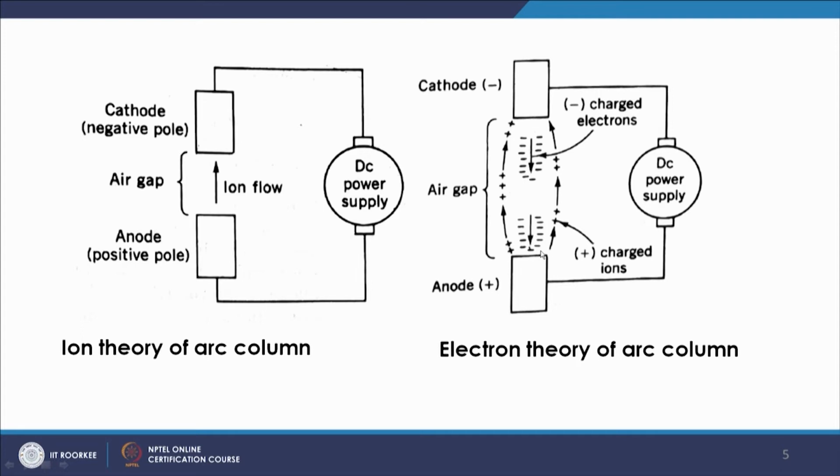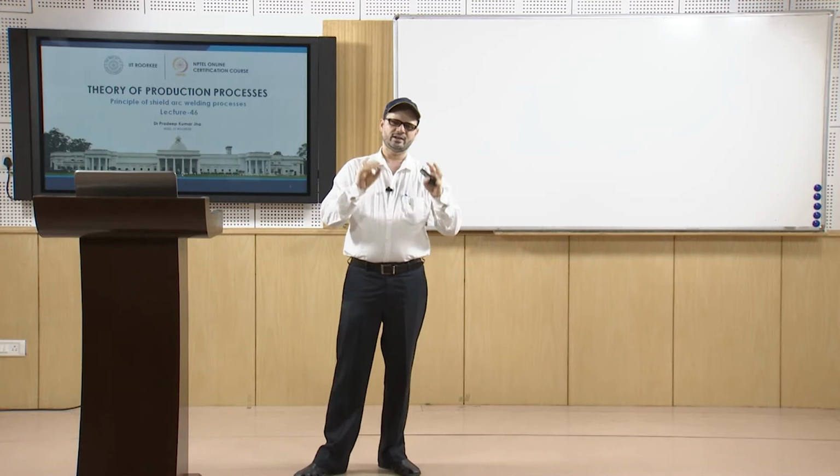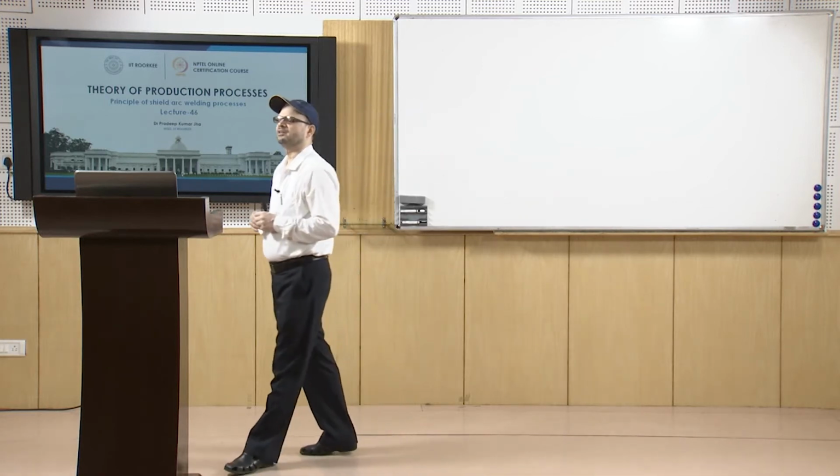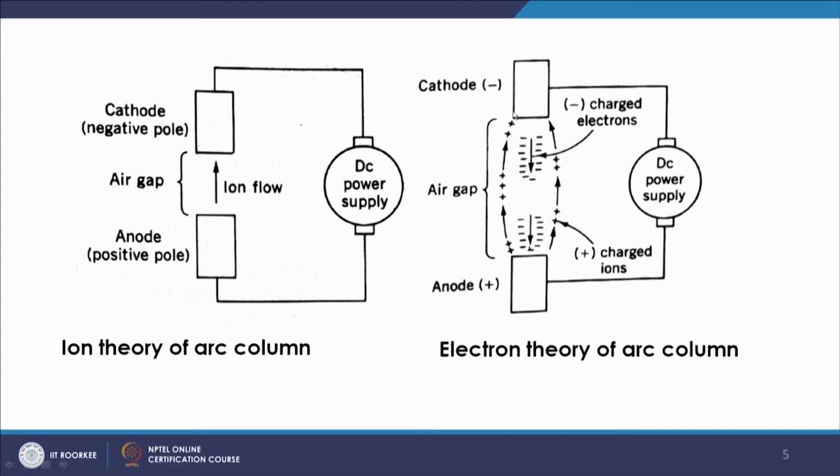Because they are hitting the anode, a large amount of heat is generated. As you see, you have three regions: one near the cathode, one near the anode, and in between you have the plasma. That also gives a resistance to the flow of these electrons coming from here.